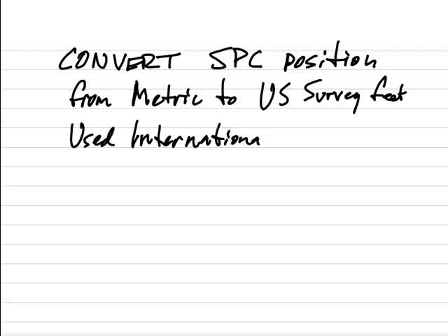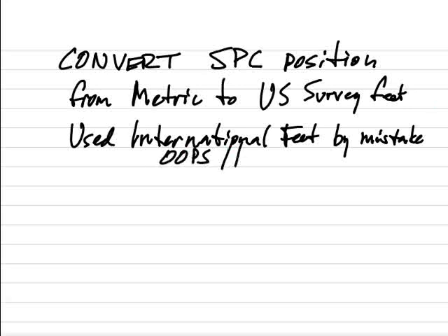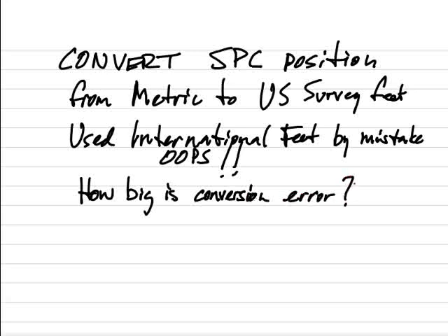Well, that's not going to be the same result. So, how big is that mistake? We need to find that out. How big is the conversion error? Okay, that's our goal.